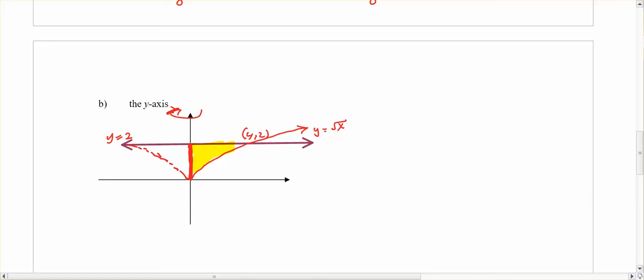And I don't know if you can see that we have got, not a washer this time, but a disc. Here is my cross-sectional disc, and we notice that the thickness in this case is delta y.